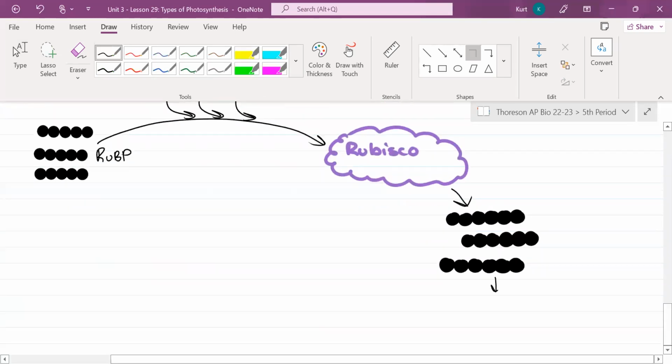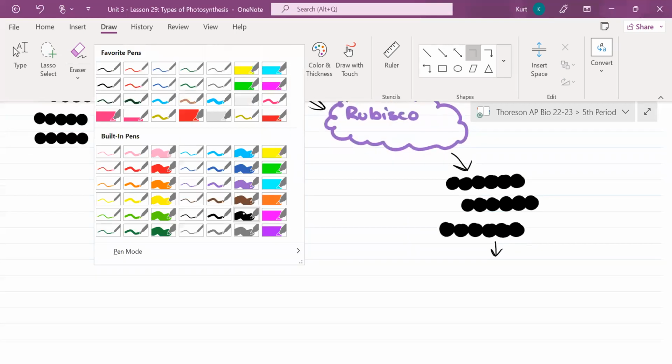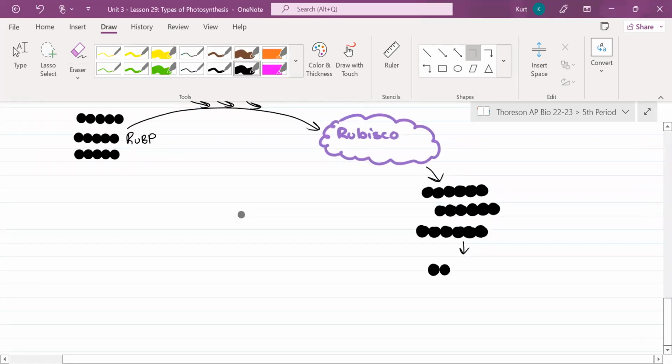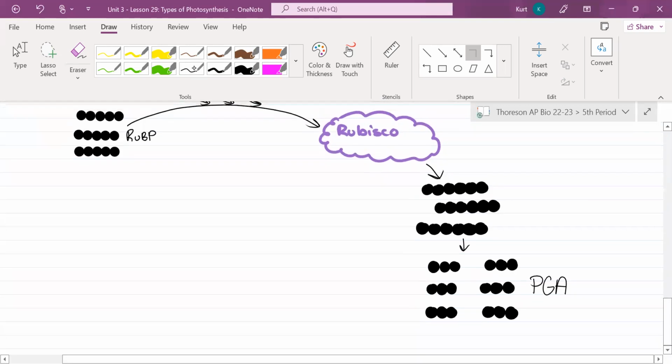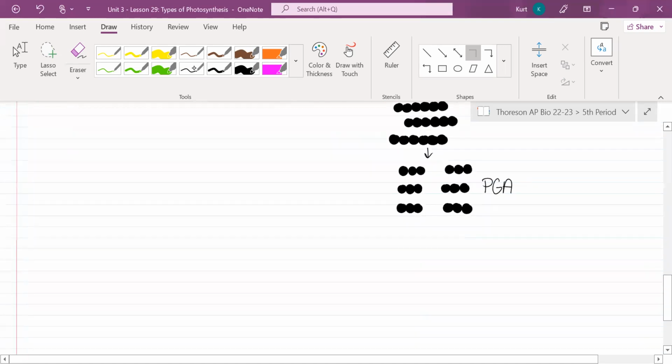What happens to these C6 molecules once they've formed? They break apart because they're just unstable. Can you recall what these 6 molecules of 3 carbons each are called? Think of golfing. PGA. Phosphoglyceraldehyde. That's where phospho is P, glycer is G, aldehyde is A. Okay.